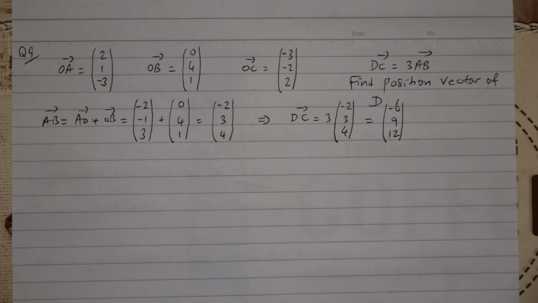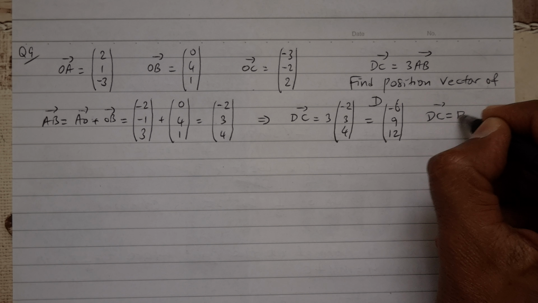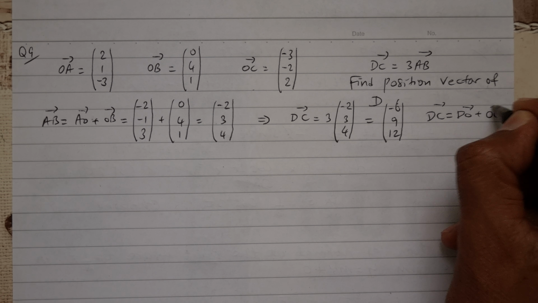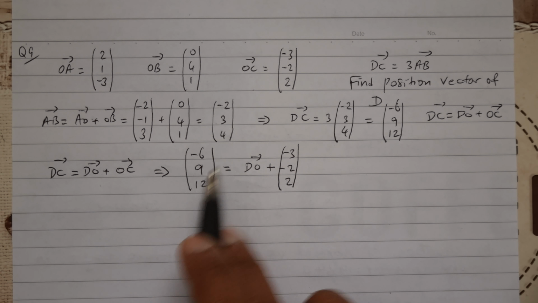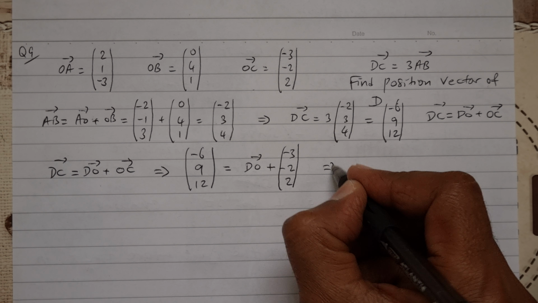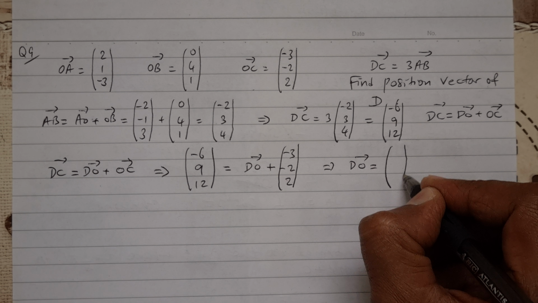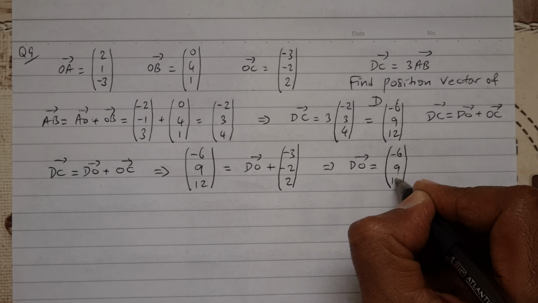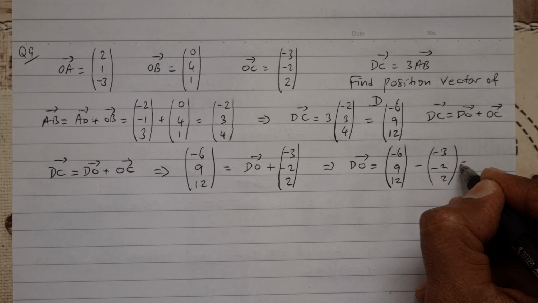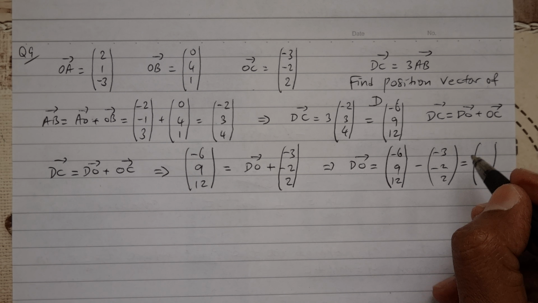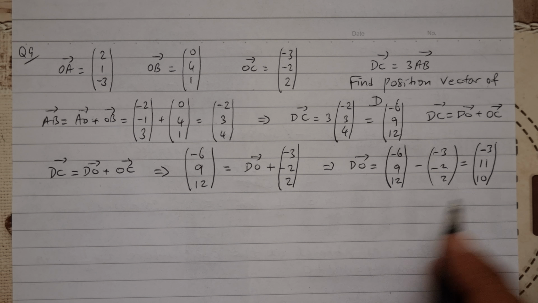Now this is DC. And also, to find DC, I need DO plus OC. So if we do DO plus OC, we'll get the following equation. And of course, rearranging this, we get DO is equal to (-3, 11, 10).